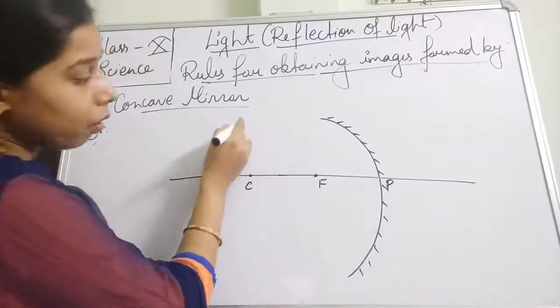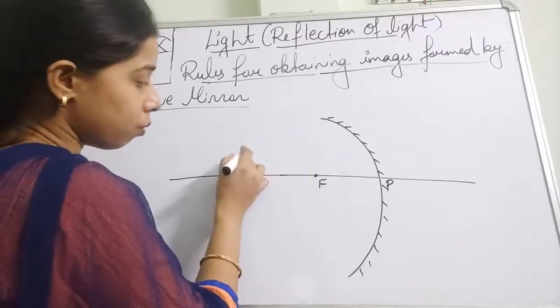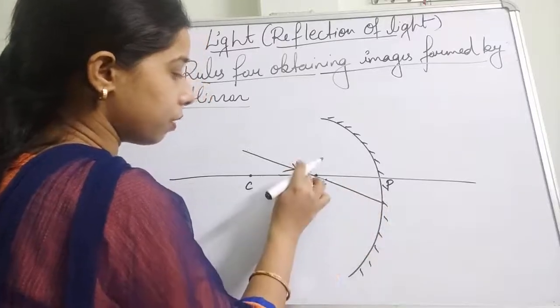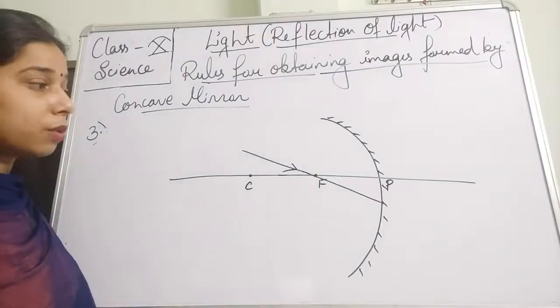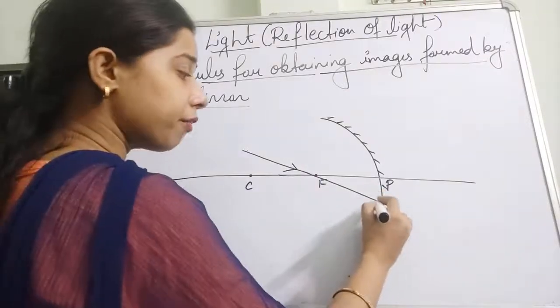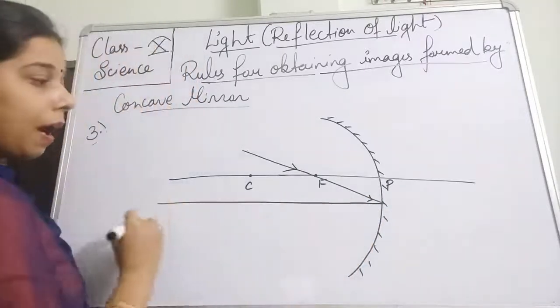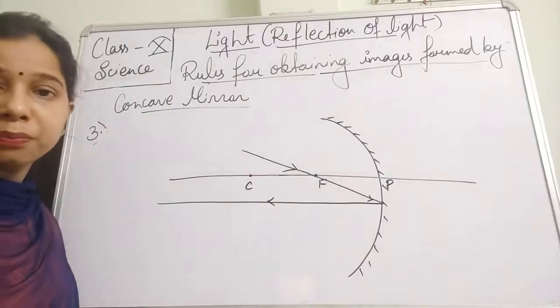So if a ray of light passes through the focus, after reflection it will become parallel to the principal axis.